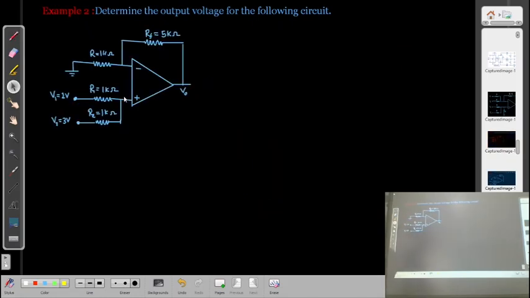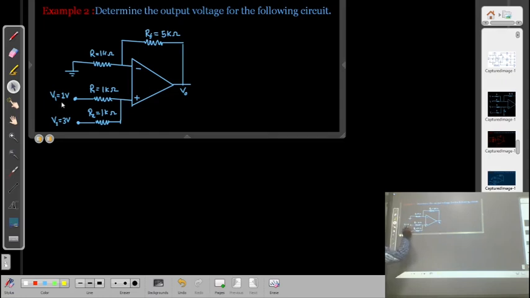Now another example. Determine the output voltage for the following circuit. Now here if you look at this circuit, it is again a summing amplifier, but this one is a non-inverting summing amplifier. On the non-inverting terminal, two different voltages are given.